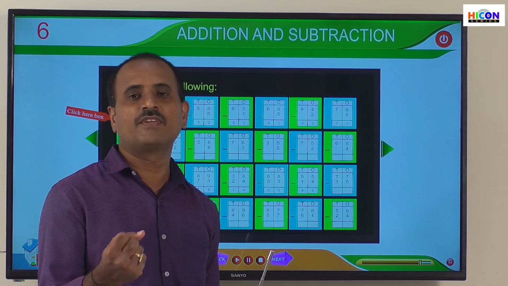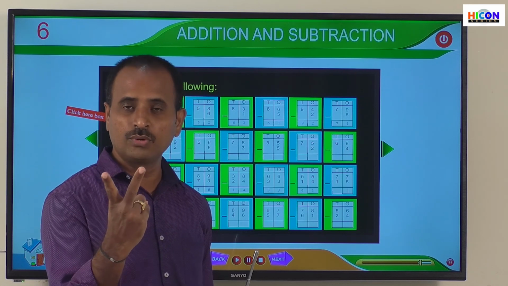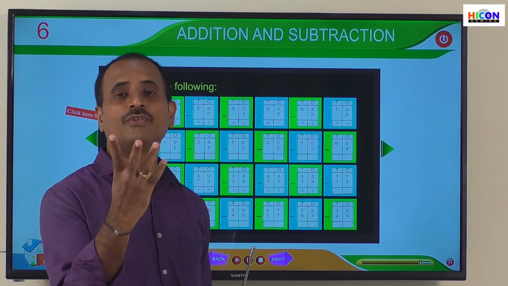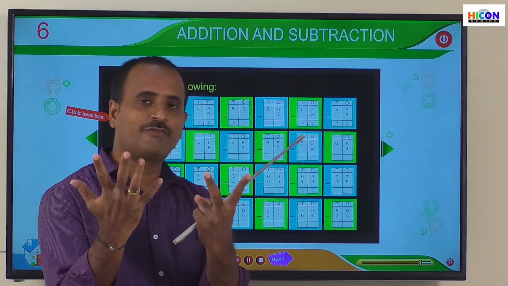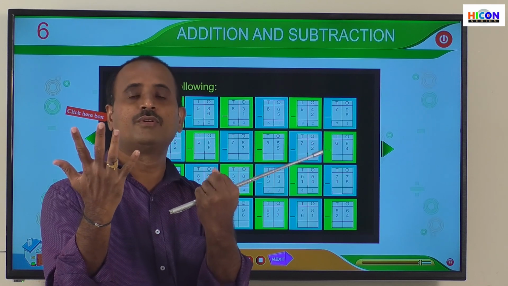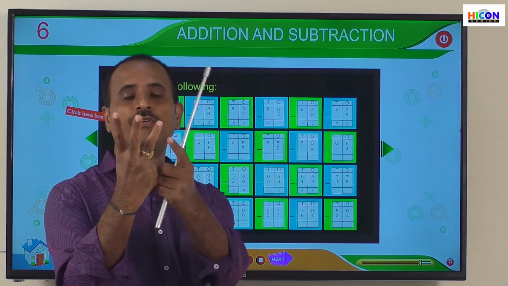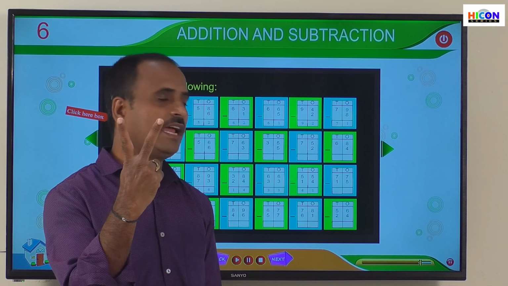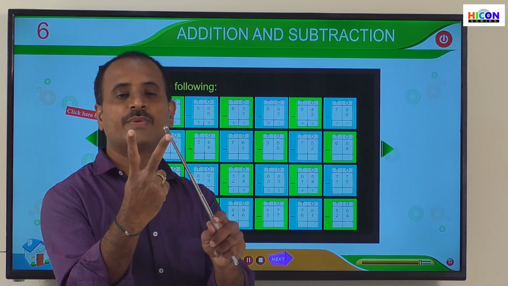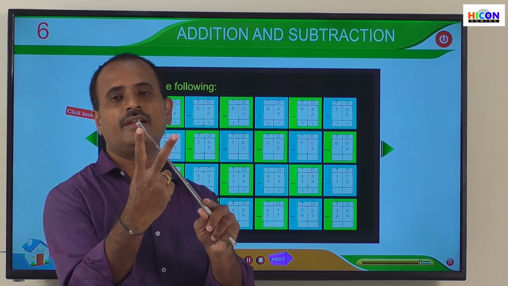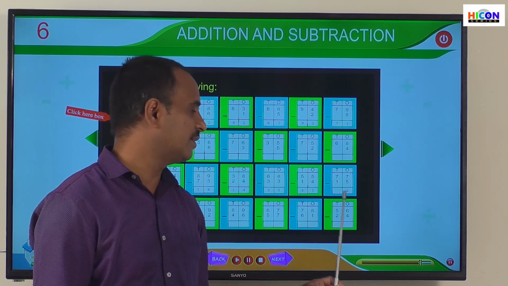So first open 7 fingers. 1, 2, 3, 4, 5, 6, 7. And close 5 fingers. 1, 2, 3, 4, 5. So children, I have closed 5 fingers. How many fingers are there remaining? There are remaining only 1 and 2. So write 2 under ones place.